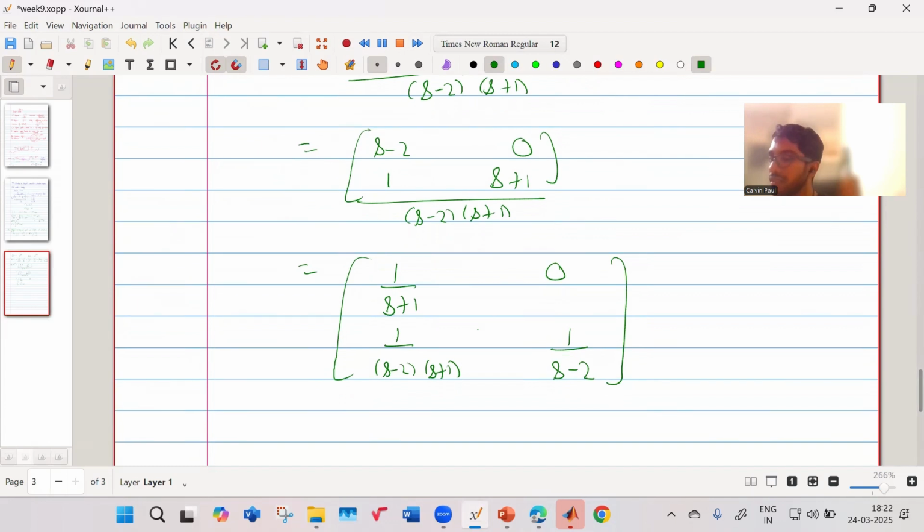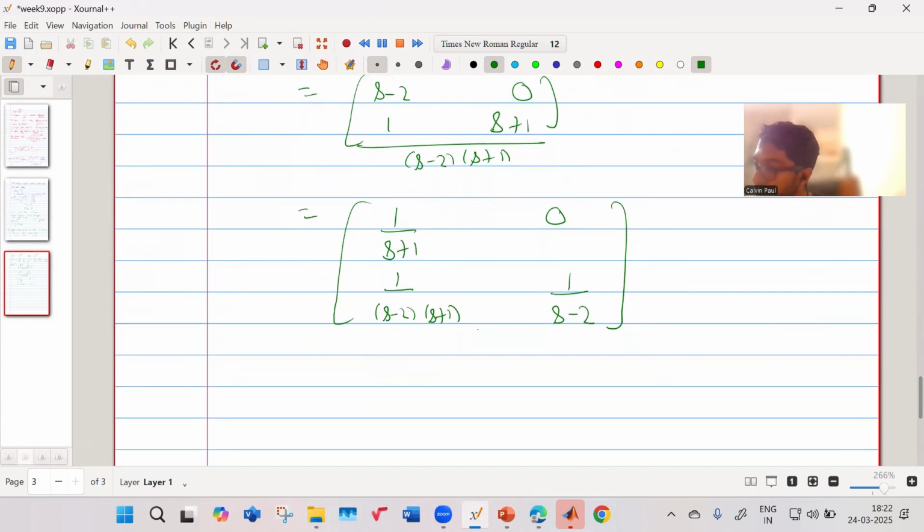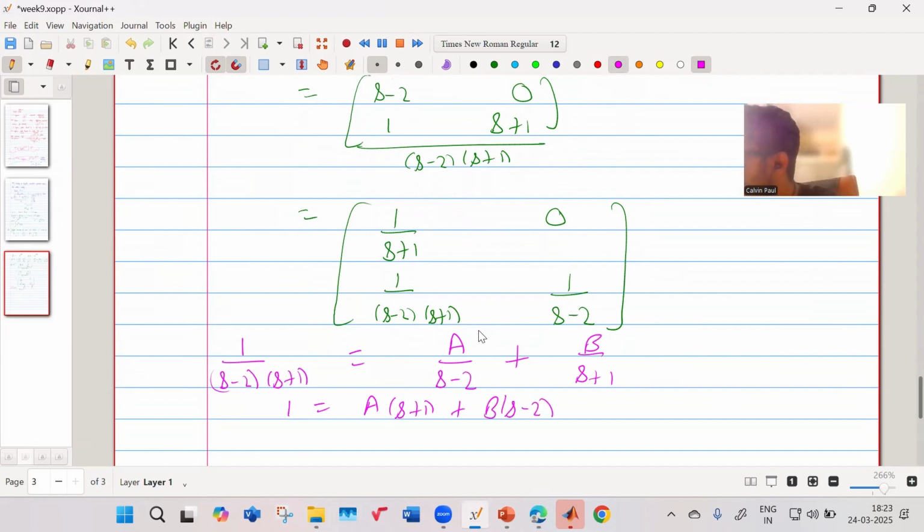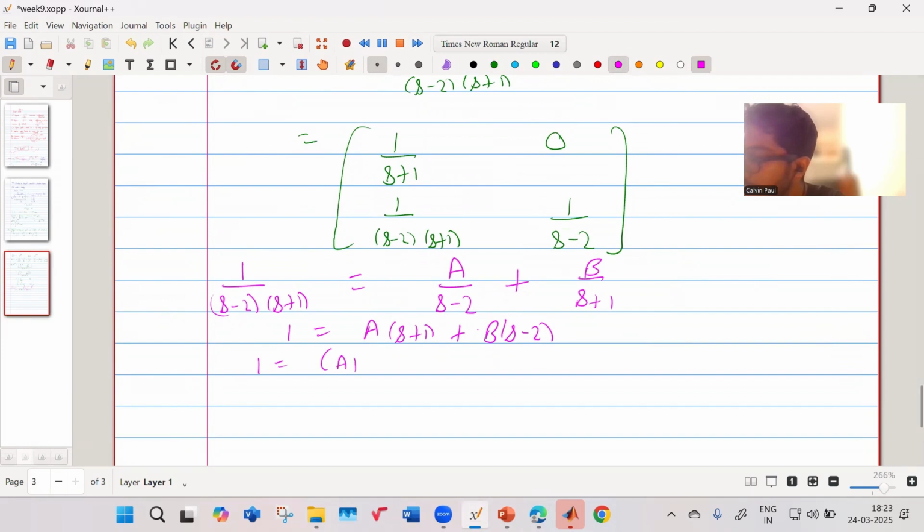Now let us tackle this term, 1 upon (s-2)(s+1). This is some A upon s minus 2 plus B upon s plus 1. So we get 1 is equal to A(s+1) plus B(s-2), so 1 is equal to (A+B)s plus (A-2B). So A plus B equal to 0, and A minus 2B is equal to 1.